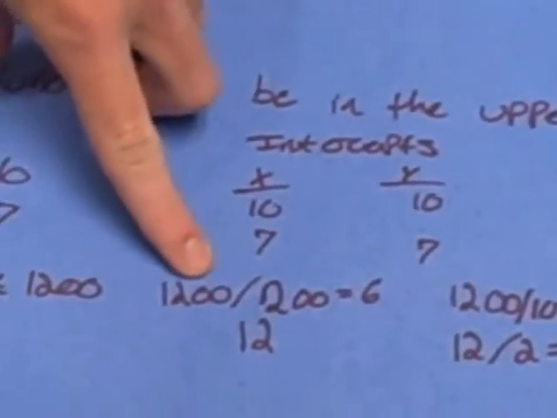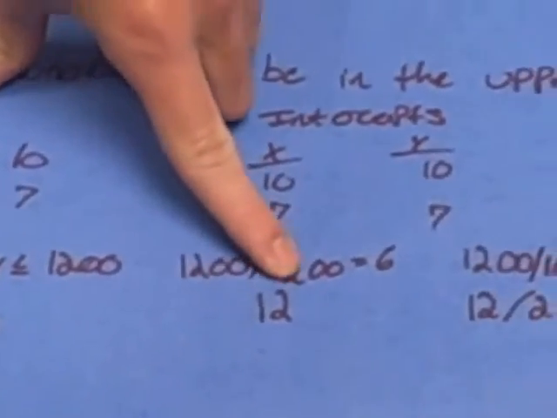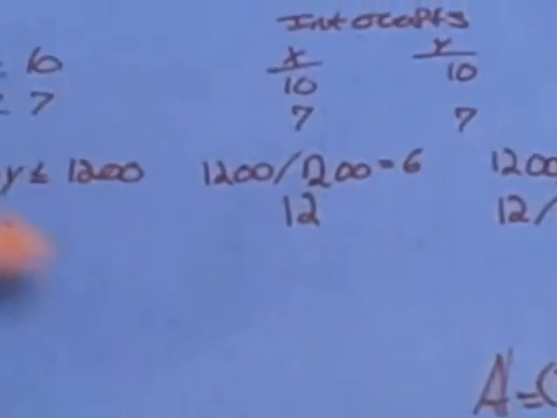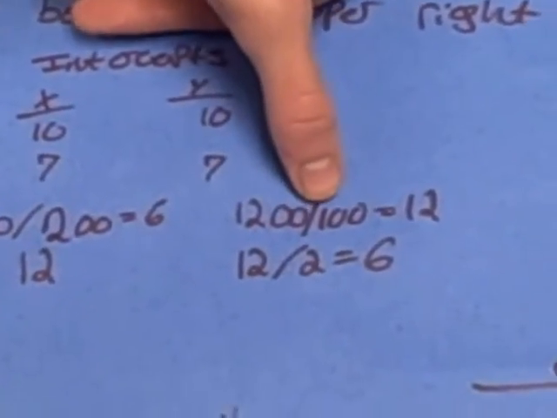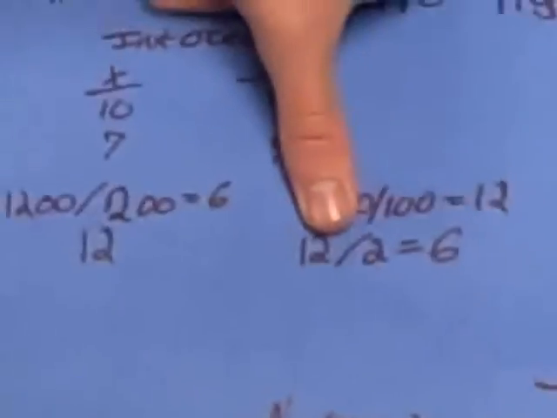Our intercepts for x are 10, 7, 1,200 over 200 equals 6, and 12. And those all correspond with time, cost, acreage. And y is 10, 7, 1,200 over 100 equals 12, and 12 over 2 equals 6.